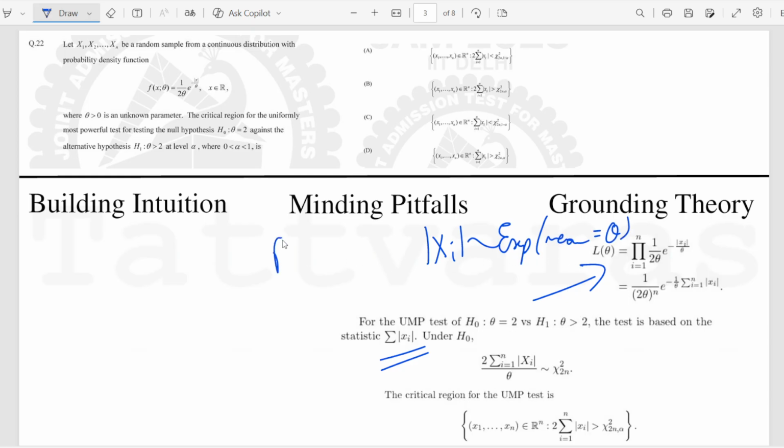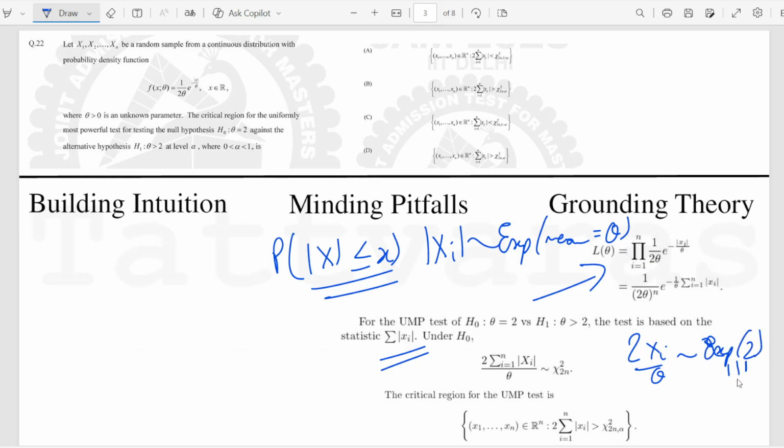You can easily check it by looking at the CDF. You will see that it transforms into the expression that is the same as the CDF for the exponential distribution with mean theta. And so when we scale the exponential by the mean and multiply by 2, what we have is exponential with mean 2, which is equivalent to chi square with 2 degrees of freedom.